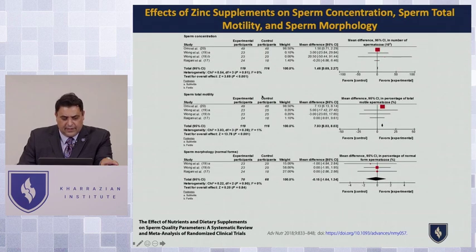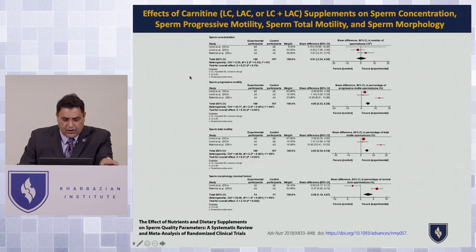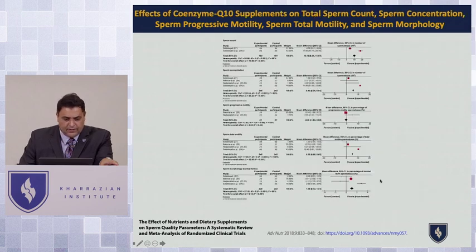They studied trials published on zinc. Zinc didn't seem to have a major influence on concentration, but had impacts on motility and not so much on morphology. They looked at L-carnitine: no real impact on concentration, but a major impact on motility, using progressive motility and also total motility, and it was beneficial on morphology as well.